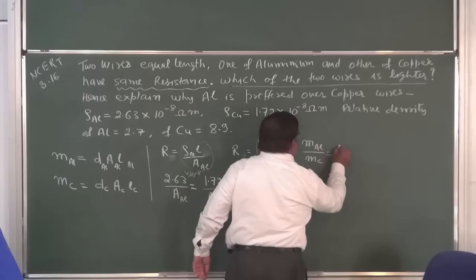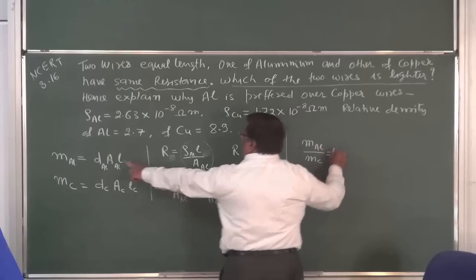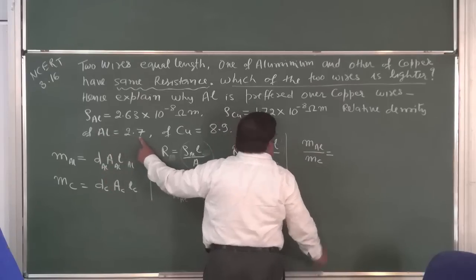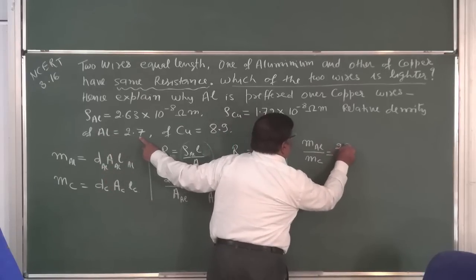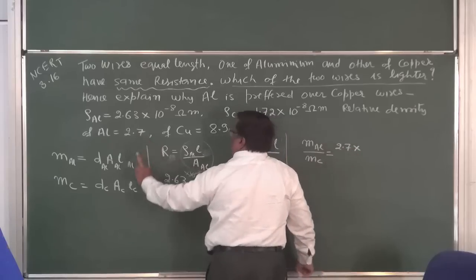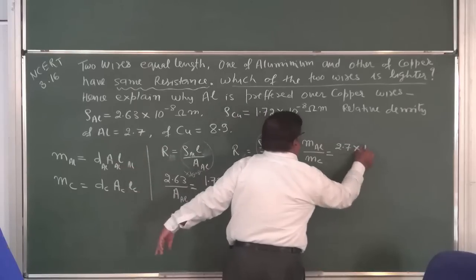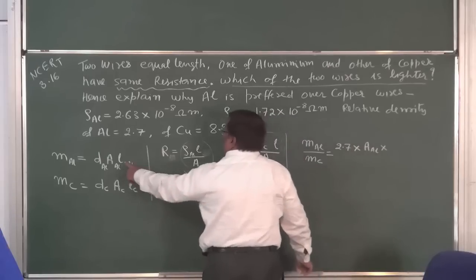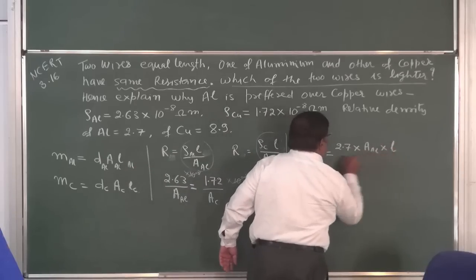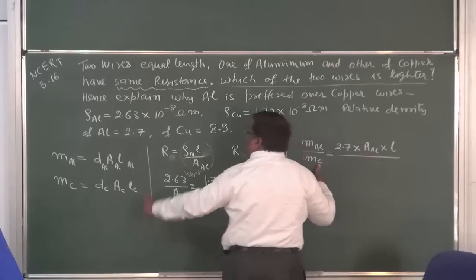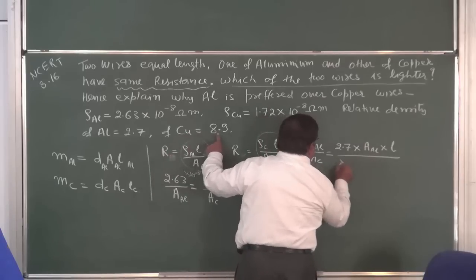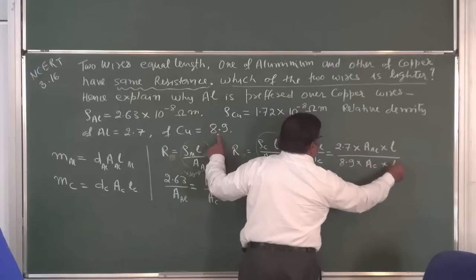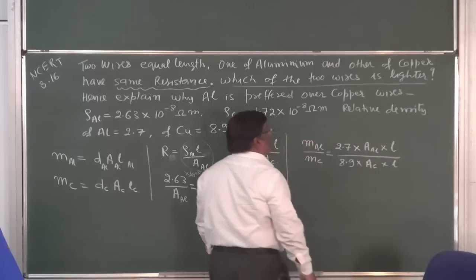Mass is equal to density of aluminium. How much is the density of aluminium? 2.7 into area of aluminium, we don't know area of aluminium, into length of aluminium L divided by density of copper. Density of copper 8.9 into area of copper into length of copper, which is equal to length of aluminium.